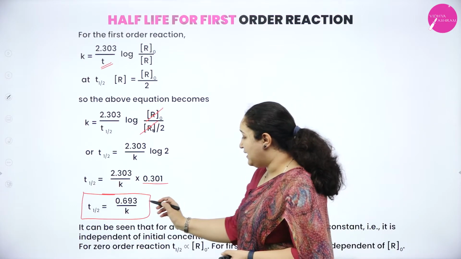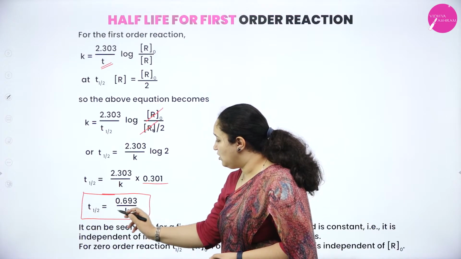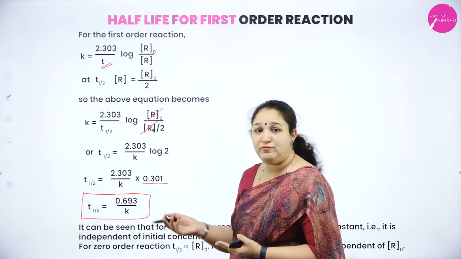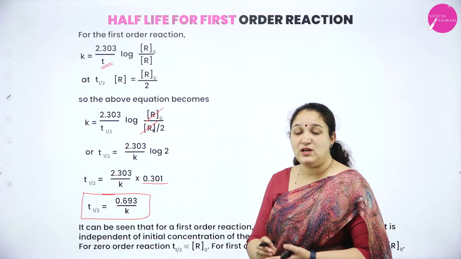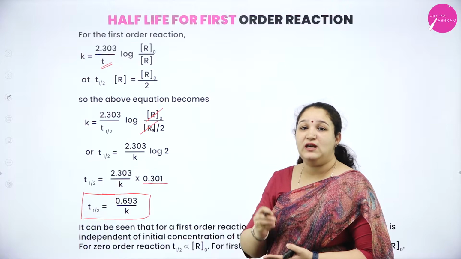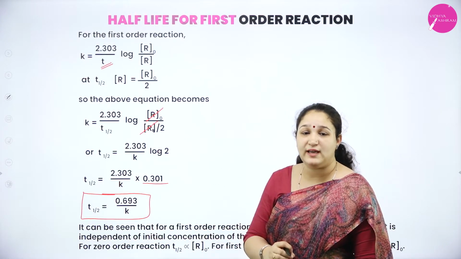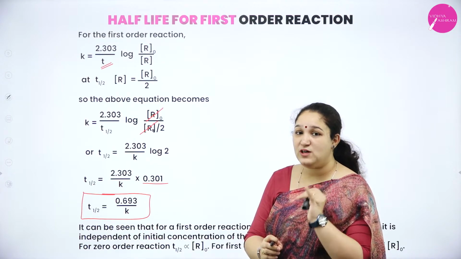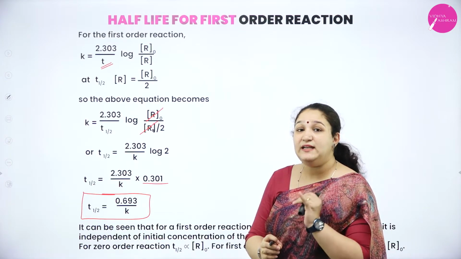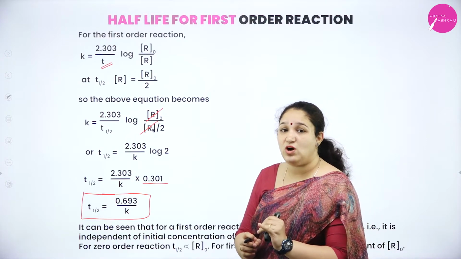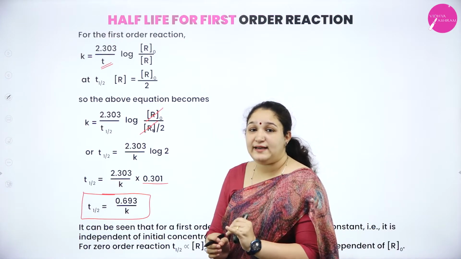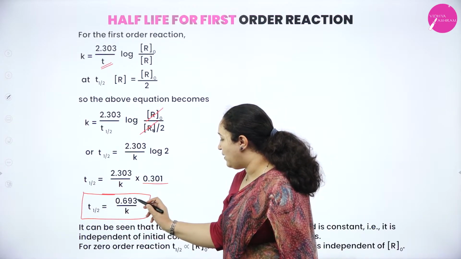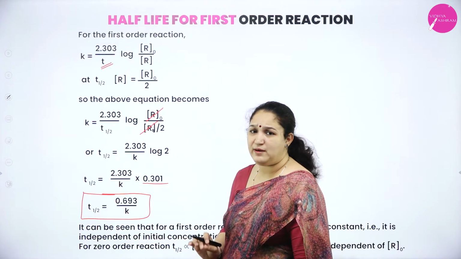Now from this expression, what can you understand? You can understand that there is no initial concentration term at all, isn't it? So half-life of a first order reaction is independent of the initial concentration of the reactant. I'll repeat, half-life of a first order reaction is independent of the initial concentration of the reactants, because we can see that there is only one number 0.693 and that's divided by k.